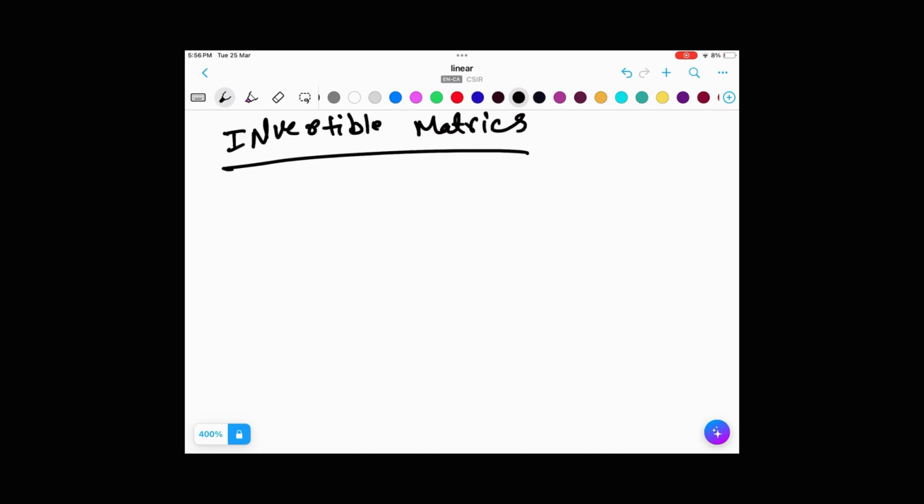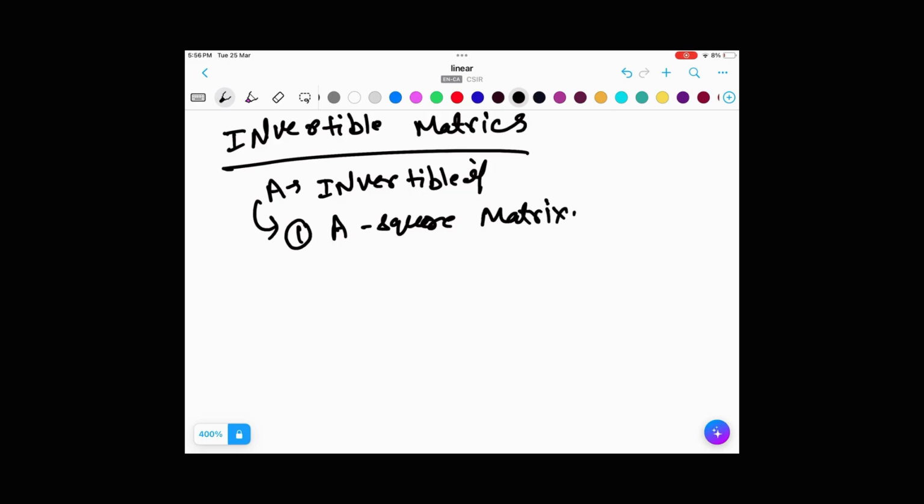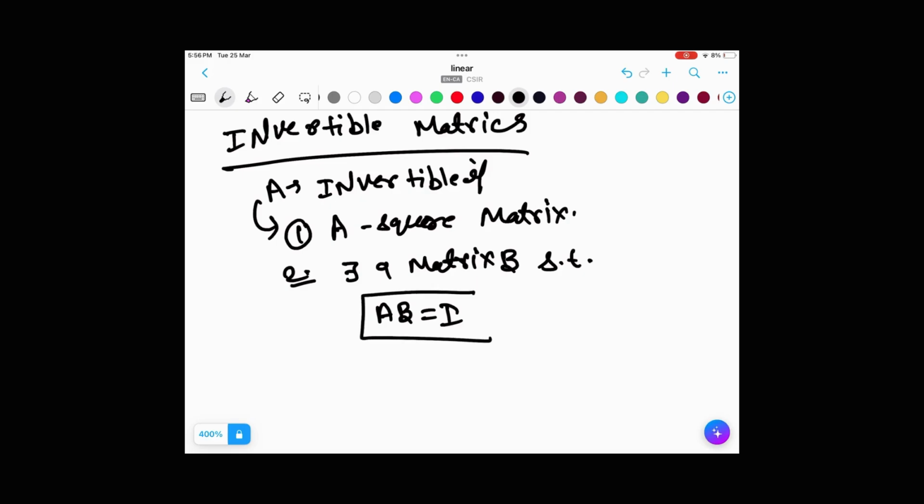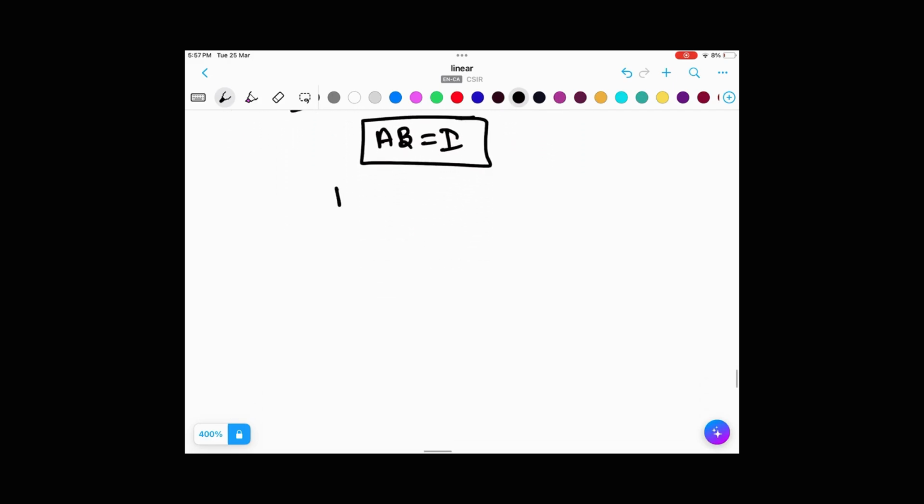A matrix A is said to be invertible if, firstly, A is a square matrix, and second, there exists a matrix B such that AB equals the identity. Then A is said to be invertible and B is denoted as A inverse. We have two methods to find the inverse of a matrix.